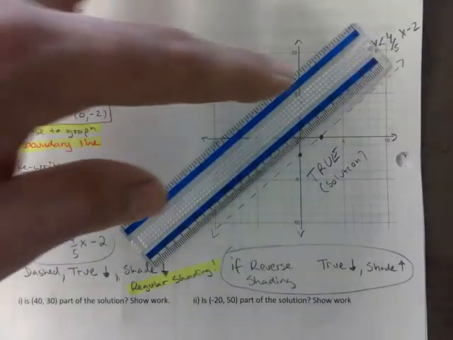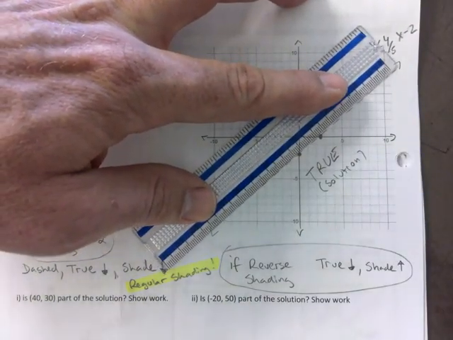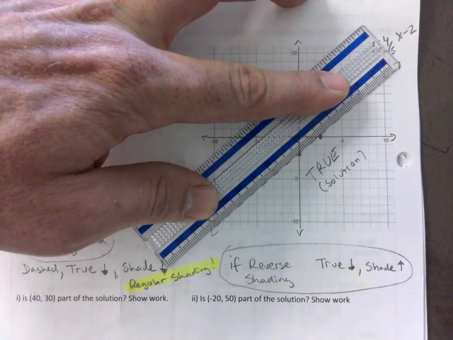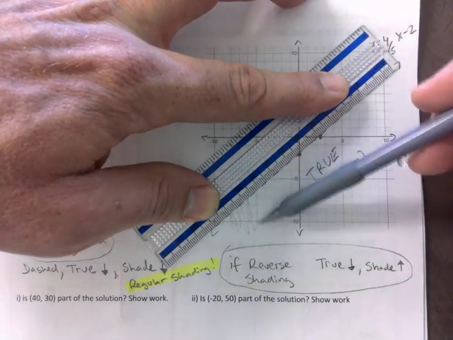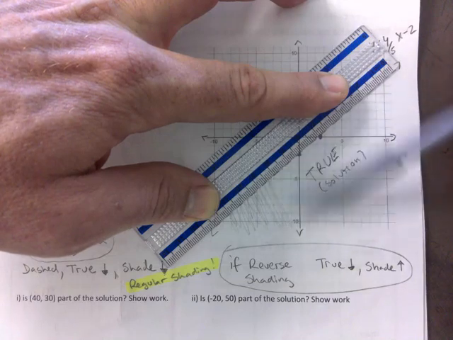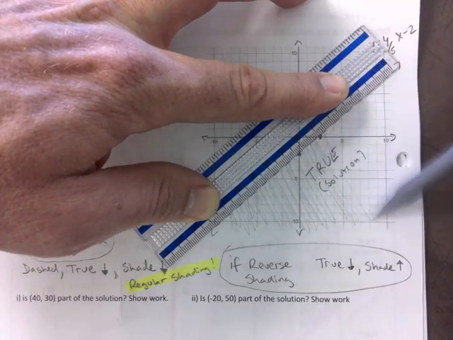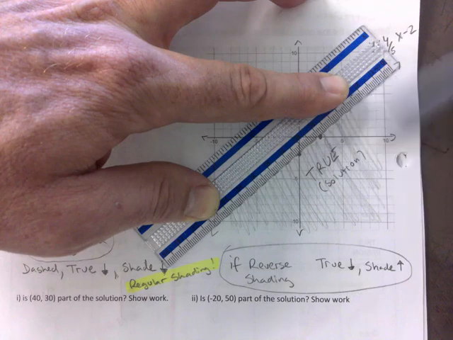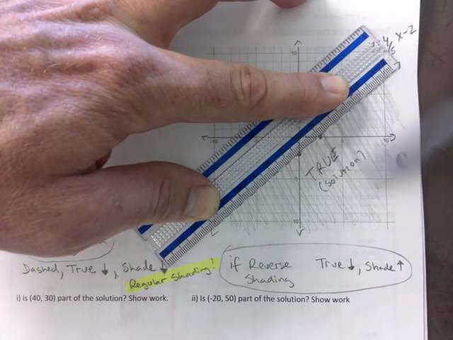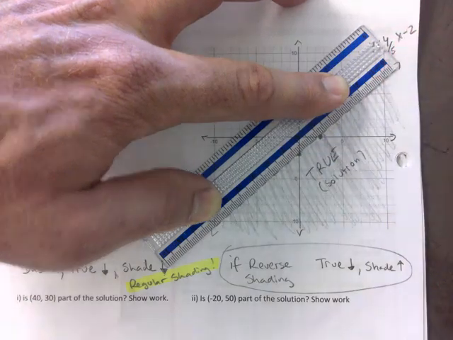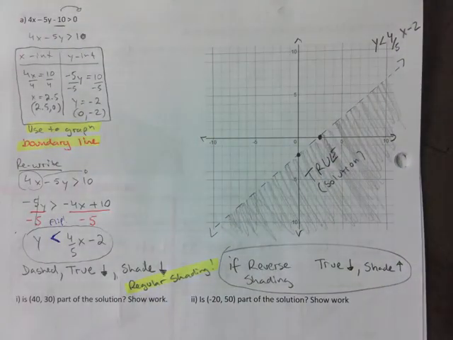So you grab your ruler and you just shade the entire pane, the region right under the line. So any point that is found in this shaded region, which goes on forever really, is a solution.